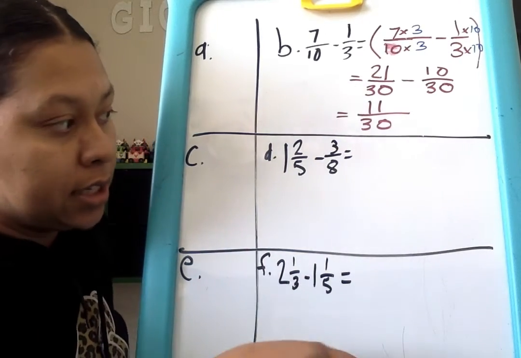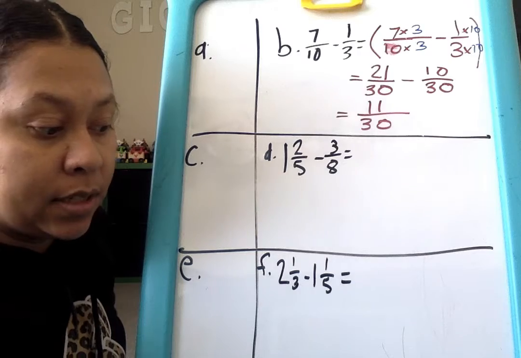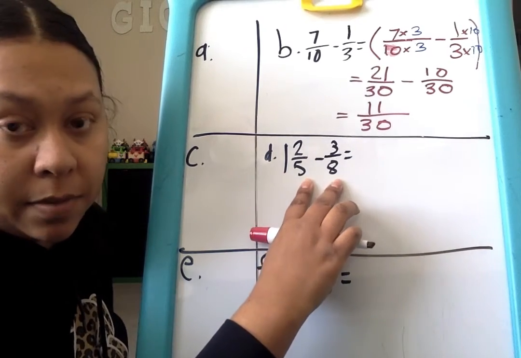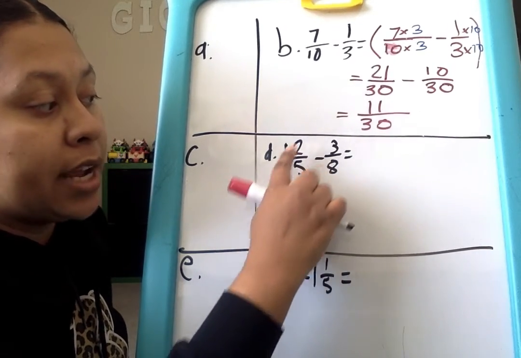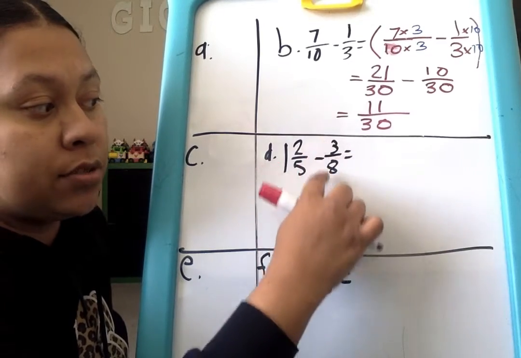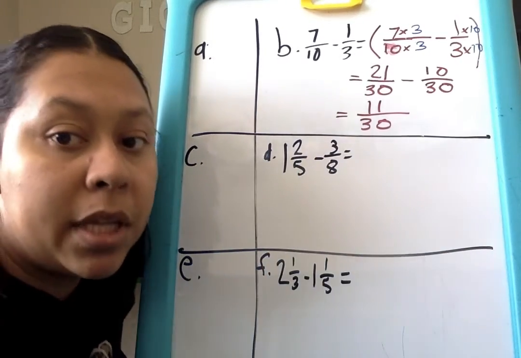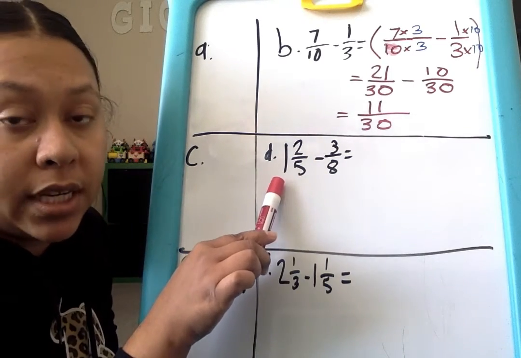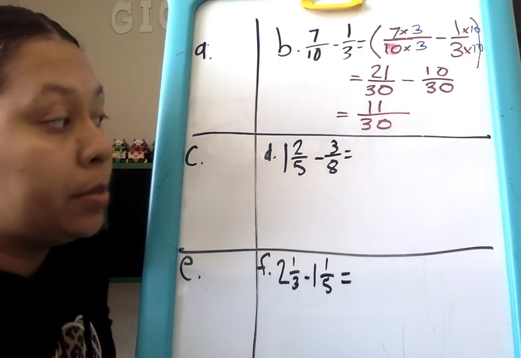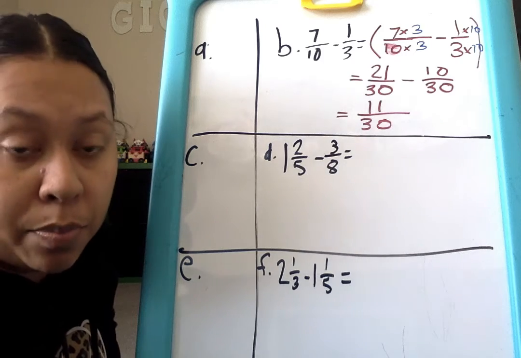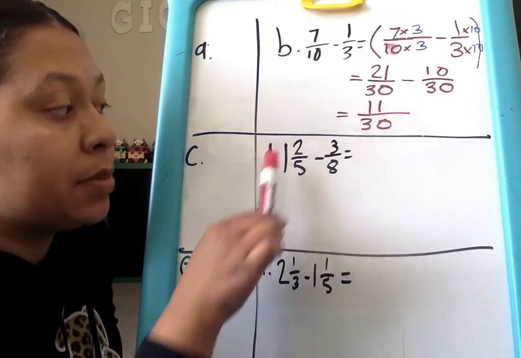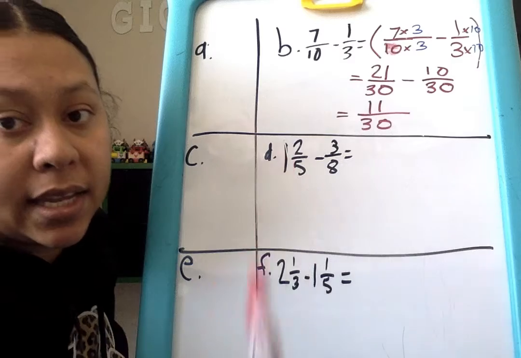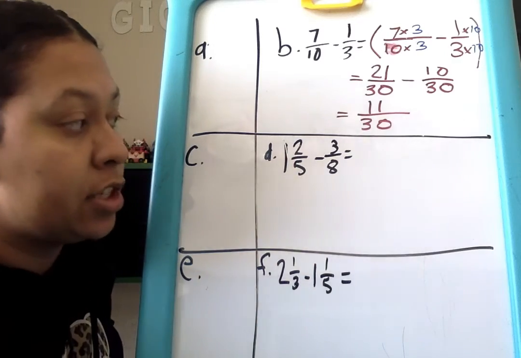So now let's work on D. Let's use the same steps. First, looking at our denominators, here we have 1 2/5 minus 3/8. I'm looking at this one a little bit differently as well because this one also has a whole number in it. So the whole number, we may need to borrow from it. What we're going to do is take this whole and plug it back into the numerator, back into the fraction.